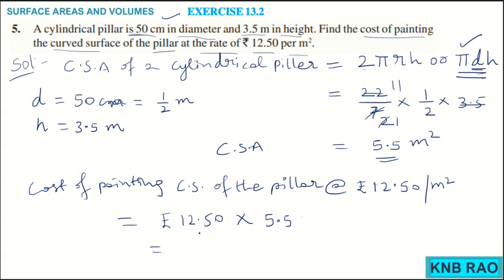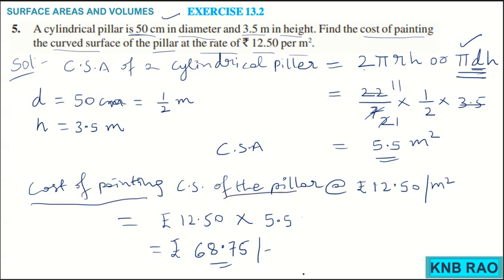Now if you find this product, 12.5 twice is 25, 25.50, or 1 time 62.5, 6 rupees 25 paise. Put together, 68 rupees 75 paise will be the cost of painting that curved surface of the pillar.